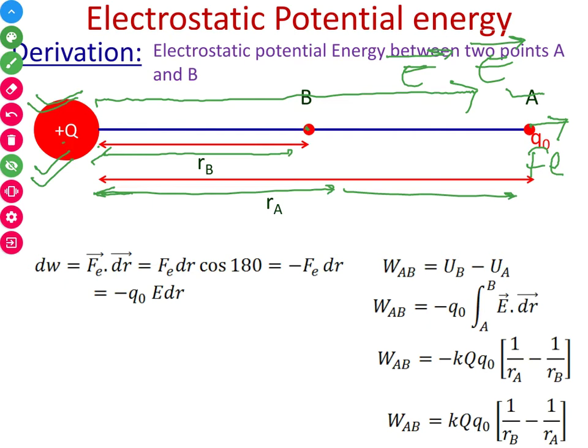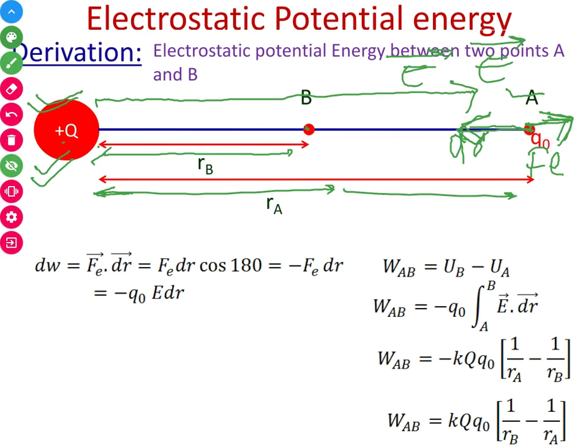So suppose I have to move this charge in this direction, by a very small displacement dr. I have to do some work because I have to go against the electrostatic force, because the electrostatic force tries to move this charge in the other direction, and I have to keep it moving in this direction.